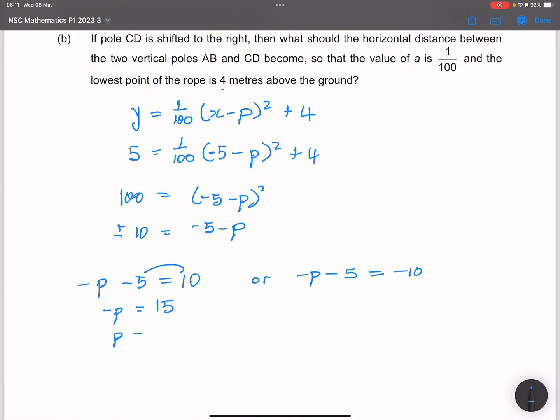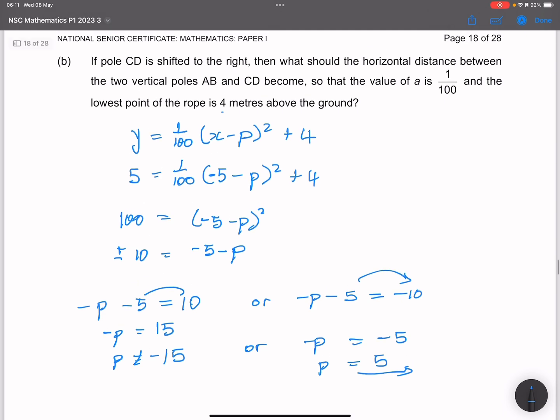So p can be negative 15, right? Or minus p, if I take that to the other side, is minus 10 plus 5, which gives us minus 5, so p is equal to 5. It looks like this one is the more plausible one, right? So in this case, this is not applicable. So p can be equal to 5.